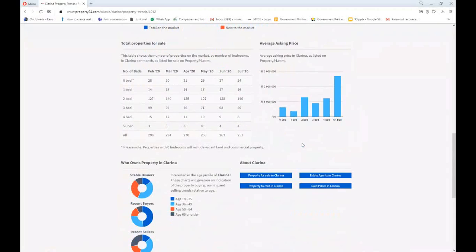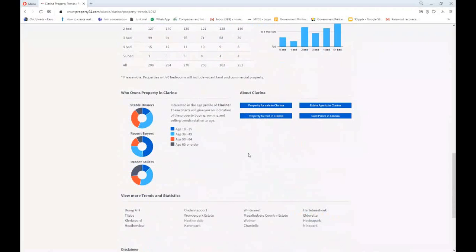But this is what I want to show you. As developers and as agents, we are looking for our target market for the specific area. If somebody calls you and says they want to sell this property, we must know where we are going to advertise this property.